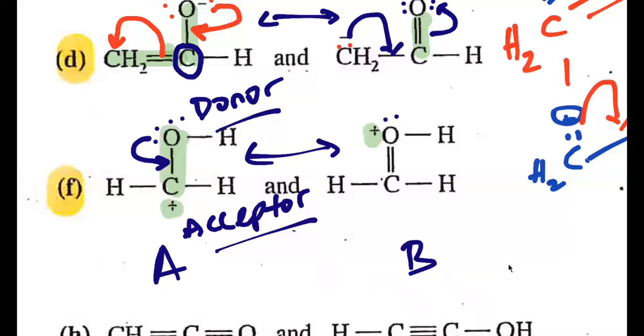You have 2 atoms together like that, and one of them is positive and one of them has electrons. So your donor and acceptor are directly connected. That's a pattern that you're going to see as well.